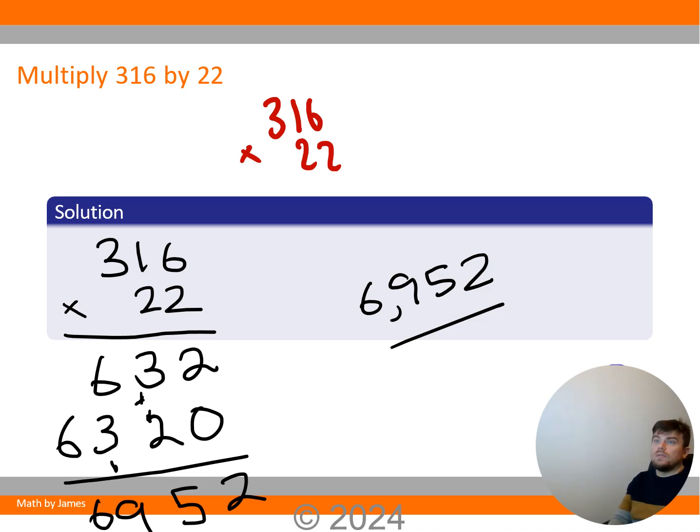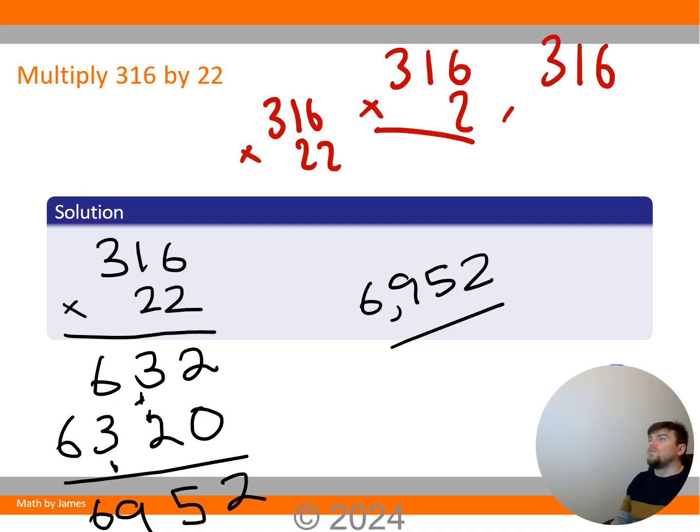So the first thing we do is we multiply 316 by 2. So in a sense, we're doing 316 times 2 first, and then we're doing 316 times 20. So it's really important that we set this out. So this is our first line.